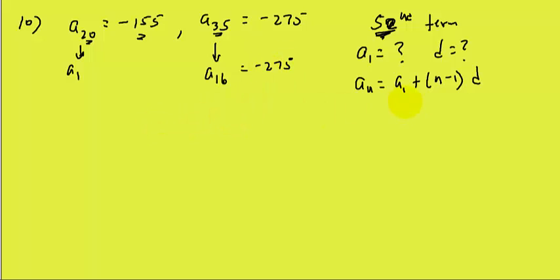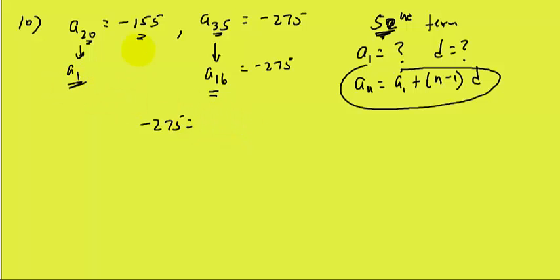Now we're going to use this formula right here. We know what a sub 16 is, negative 275. Since we're calling this the first term, which is negative 155, plus n minus 1, and since this is the 16th term we're using, that will be 15, 16 minus 1 is 15, times the difference, which I don't know.